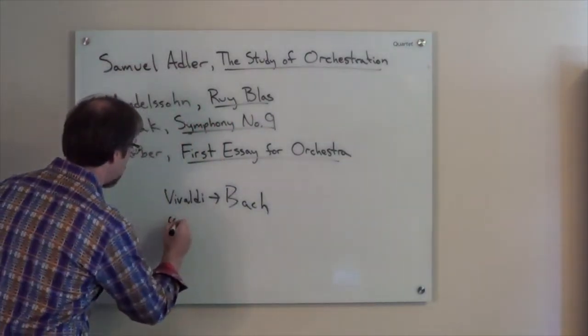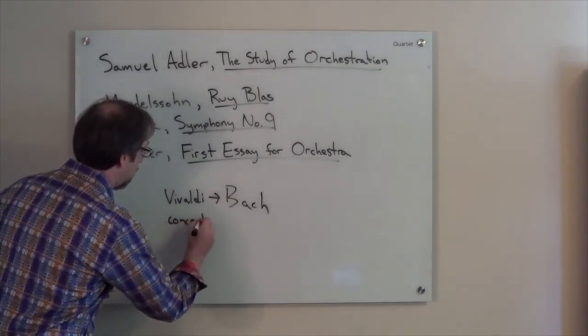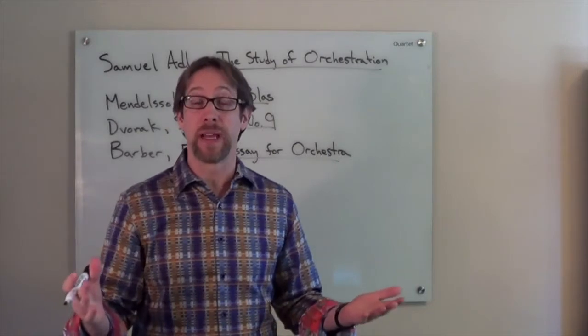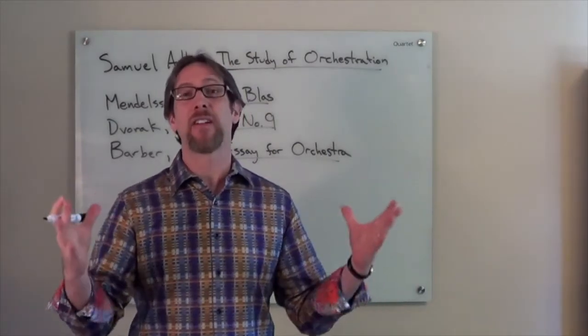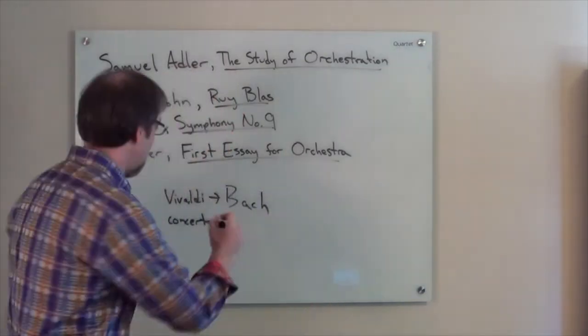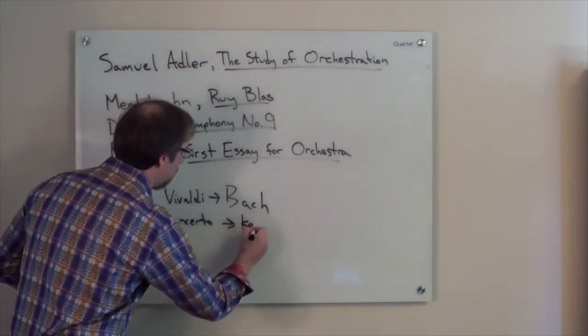So a Vivaldi concerto, which is using an orchestra with some solo instrument or instruments, analyzing it, figuring out what's the most critical parts of that, and then reducing it and turning it into a keyboard piece.